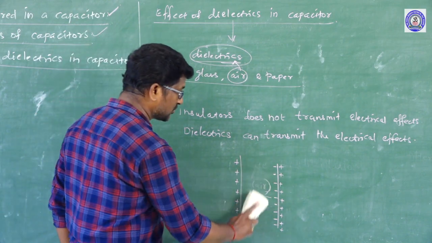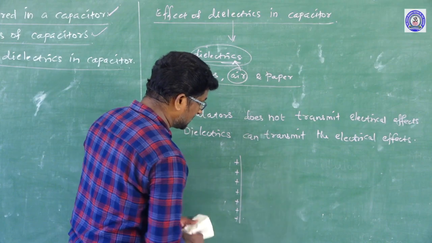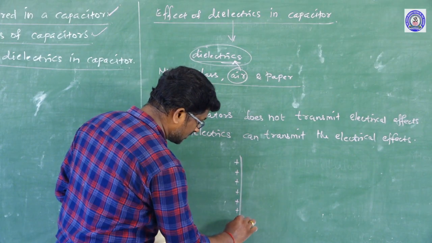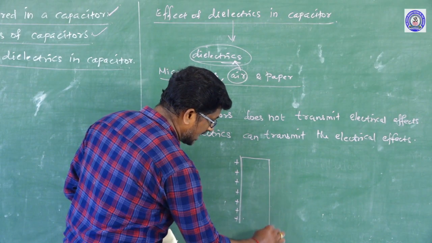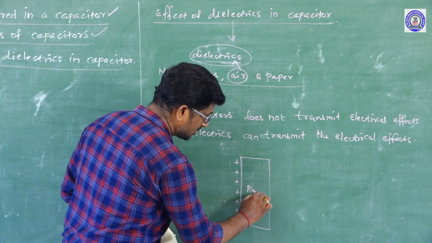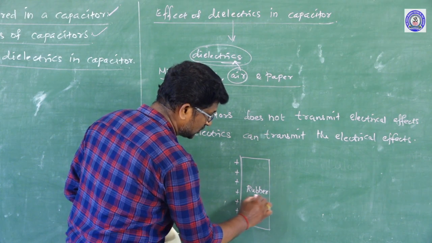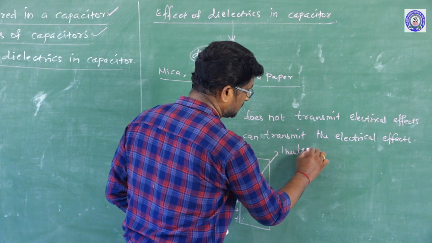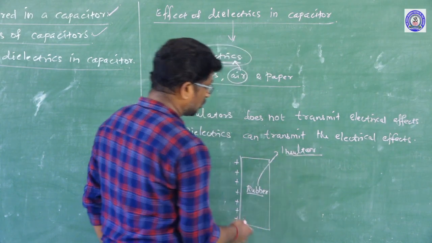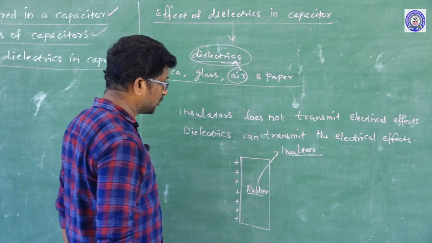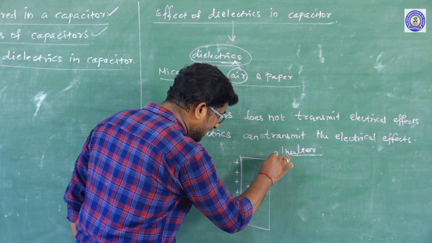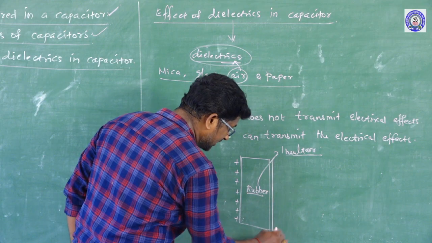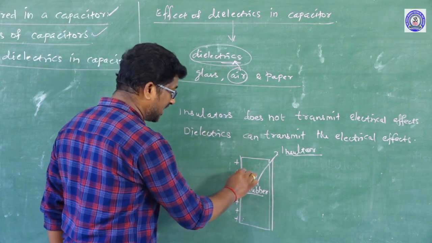Suppose there is a rubber. So, this is one of the insulator. So, rubber insulating material is introduced like this. Now, the same uncharged plate is brought near this charged plate.